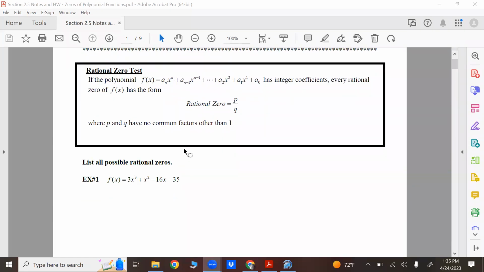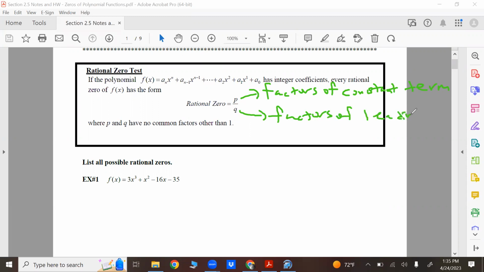So now, what's meant by this P and Q thing? P represents the factors of the constant term. Q represents the factors of the leading coefficient.